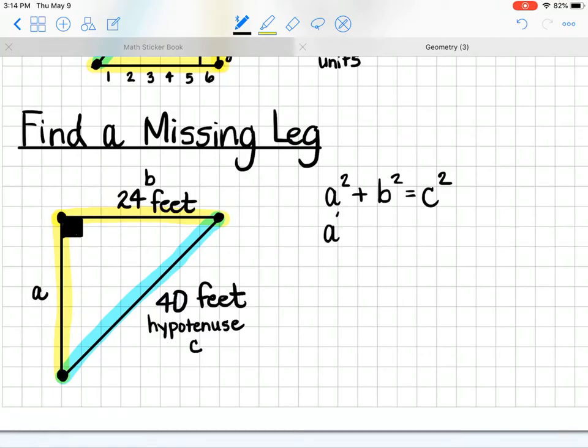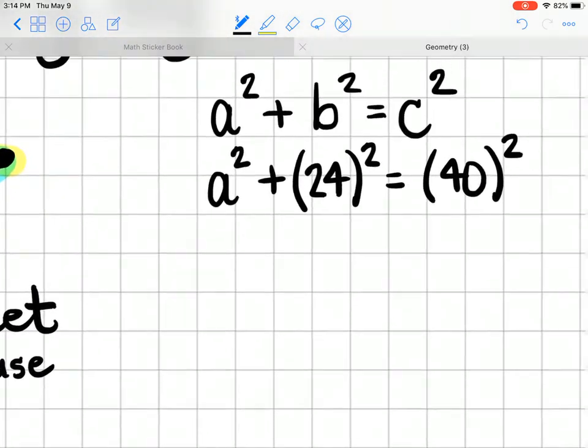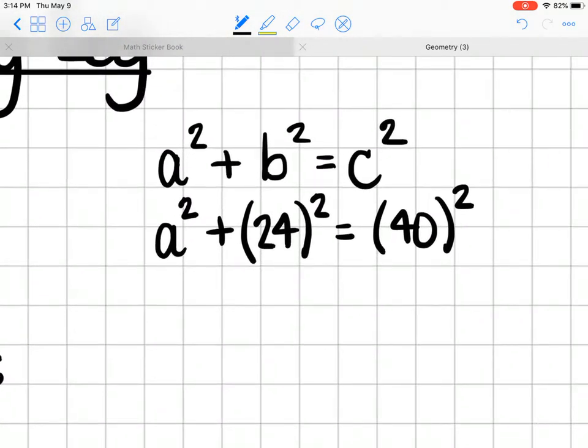We don't know A, but I am letting B be the 24. And C this time we do know. That's 40. So we have a little bit of a different formula here. Let me zoom in and we'll finish this one.